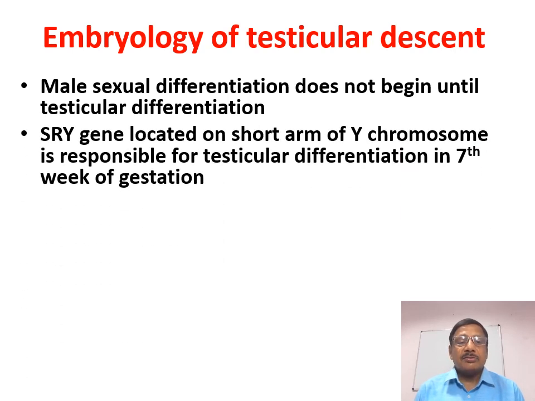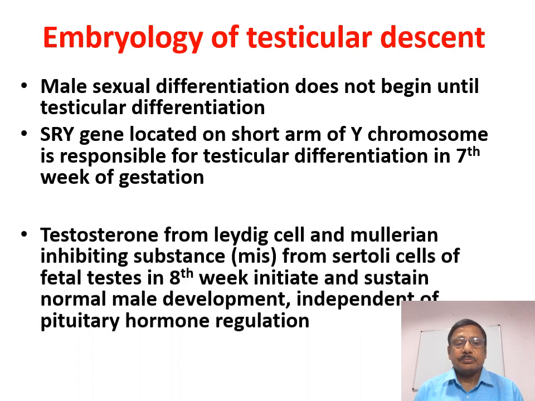And this testicular differentiation starts at the 7th week of gestation. And what is responsible for that? There is an SRY gene located on the short arm of the Y chromosome, which is responsible for testicular differentiation.